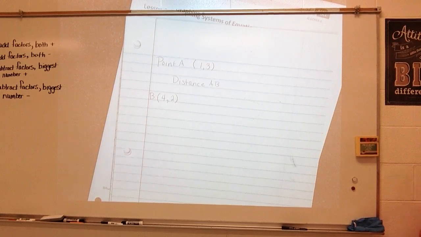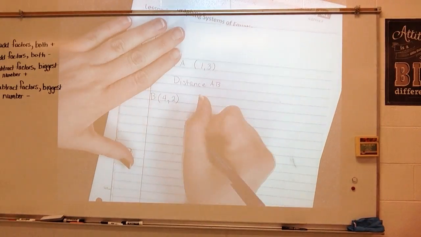How would I figure this out? Well, they don't share x's and they don't share a y coordinate. So how would I figure out how to find the distance between these? At this point in time, I would have to use the distance formula.